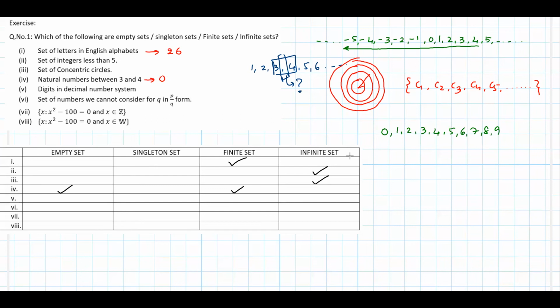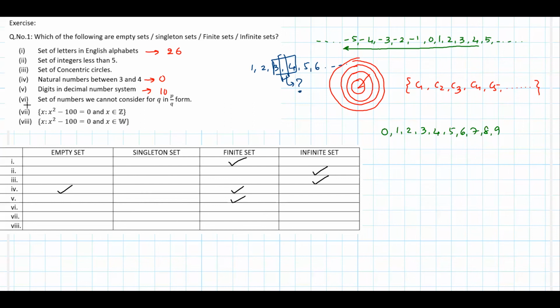There are 10 digits, right? So what is the cardinality here? 10. So we can count the elements, so it is a finite set. Can it be empty or singleton? No, it can't be empty or singleton. It's more than one, right? So it's just a finite set.